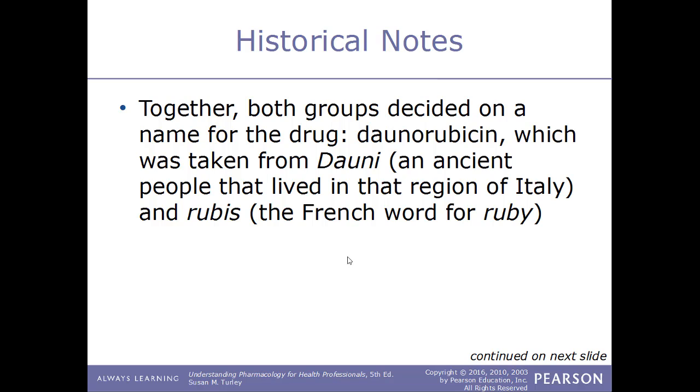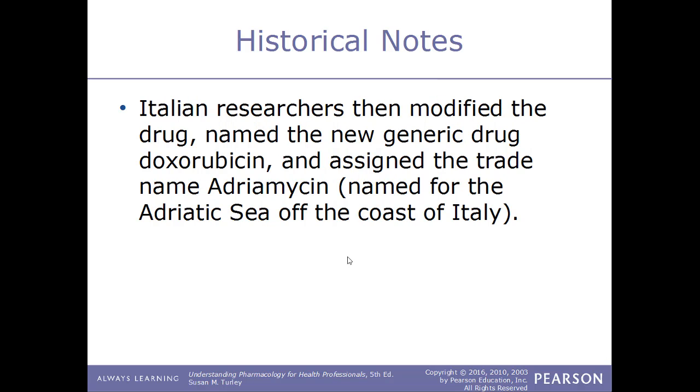Now, together, both groups decided on a name for the drug, daunorubicin, which was taken from Dauni, which is an ancient people that lived in that region of Italy, and rubis, which is the French word for ruby, because they have the red color. Now, Italian researchers then modified the drug and named the new generic drug doxorubicin, and assigned the trade name Adriamycin, which is named after the Adriatic Sea, which is off the coast of Italy.